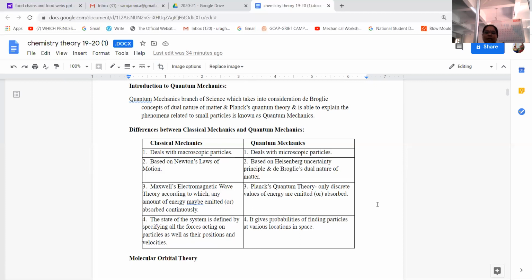To remember in a very simple form, classical mechanics deals with Newton's laws, which are concerned with larger objects. Quantum mechanics is concerned with Heisenberg's uncertainty and de Broglie's nature, which are concerned with smaller particles. So hence nowadays we are using quantum mechanics rather than classical mechanics, right?